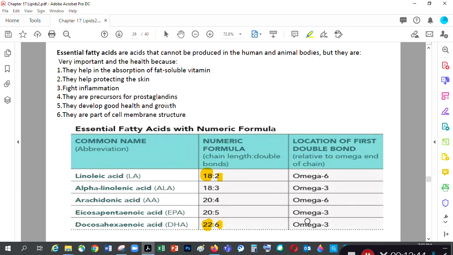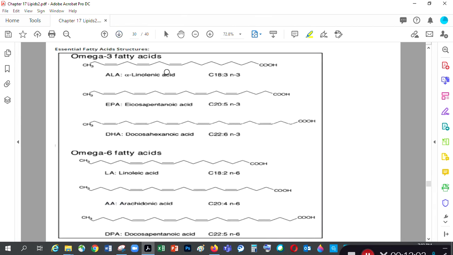So all those are omega-3 and omega-6. Those are the fatty acids which we really take from outside. We have to eat fish and meat, but we have to be careful with meat because it has a lot of cholesterol, lipids. And further we can see here, those are examples of the omega-3 fatty acids.